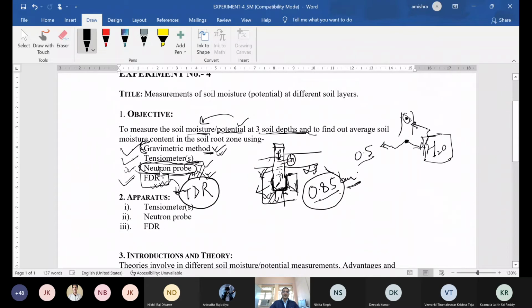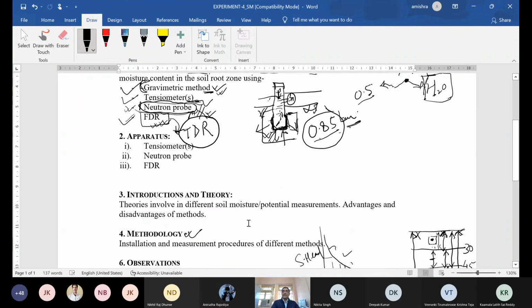Like we are not writing about the neutron probe, but for the neutron probe, certainly one limitation is it should not be used at less than 30 centimeter depth of soil from the top surface. It should always be below 30 centimeter. So these are the known conditions. Yeah, limitation of neutron probe.